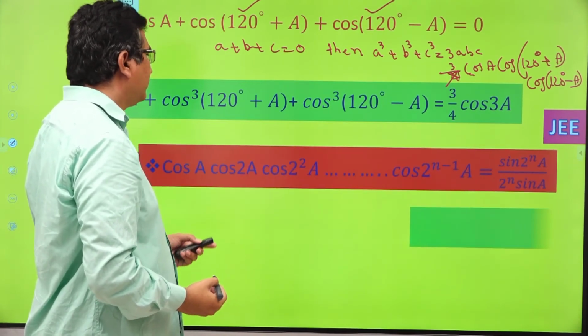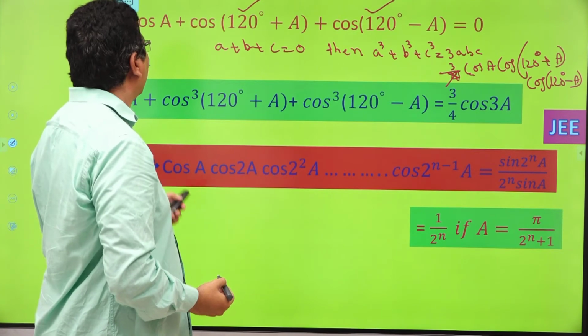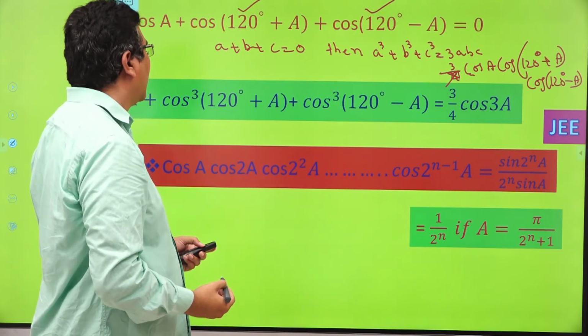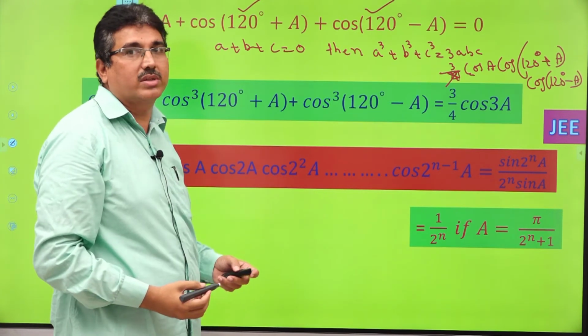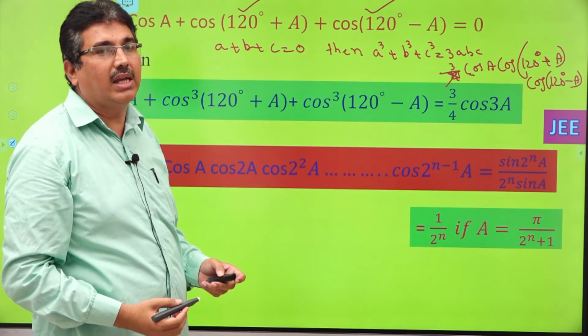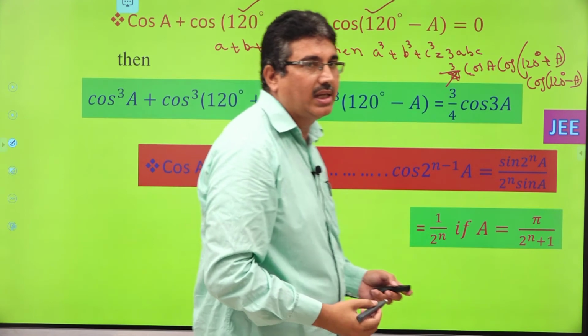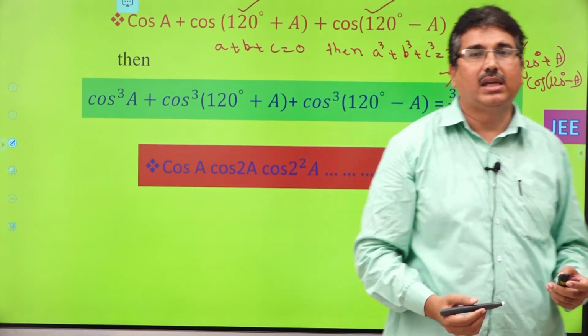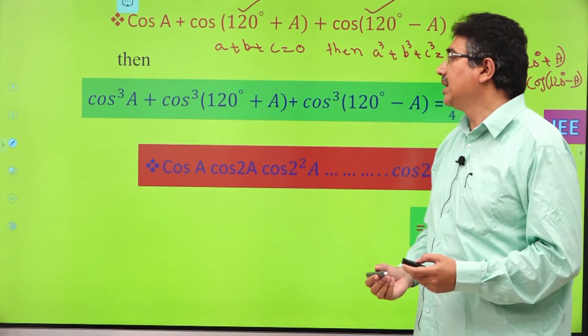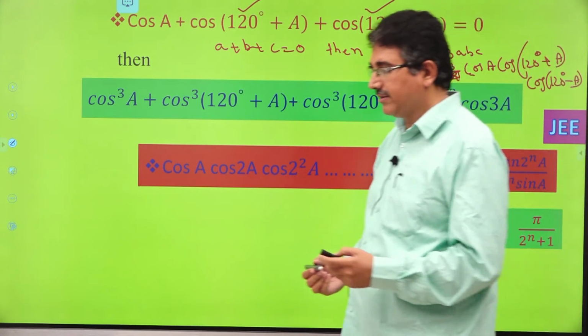Right? See another result: cos A, cos 2A, cos 2 square A, and so on, up to cos of 2 power n minus 1 into A. What is the value of this? Observe that here the angles are in GP.